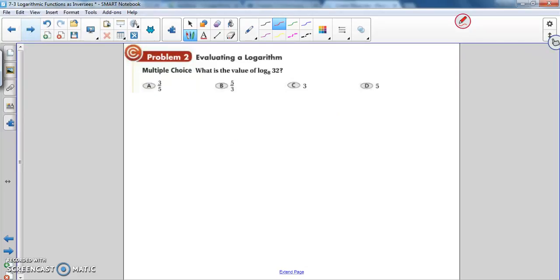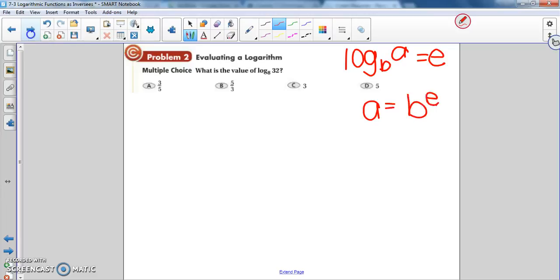Evaluating a logarithm: what is the value of log base 8 of 32? Remember, log is b, and we know abe. So our base is 8, our answer is 32.